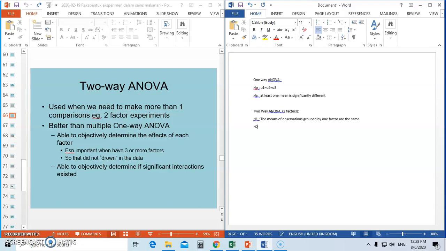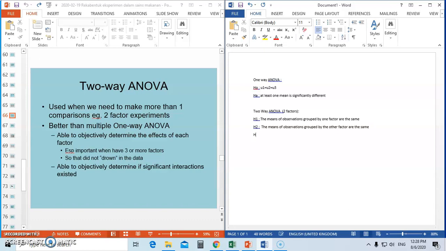And for our second hypothesis, because we have two factors, the means of observations grouped by the other factor are the same.